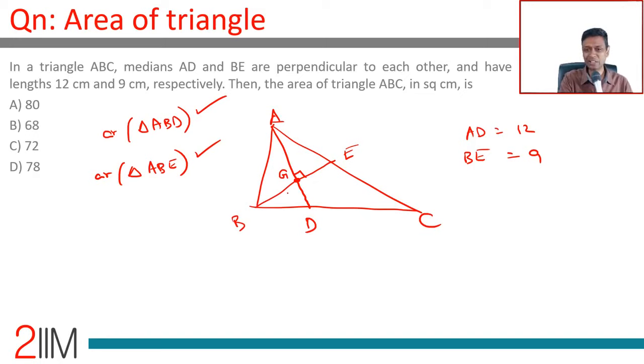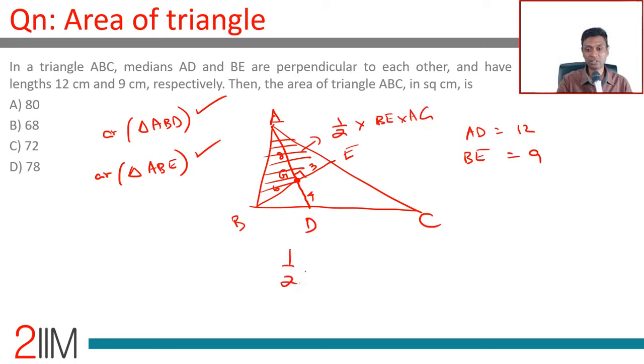How so? Centroid divides the median in the ratio 2:1. That means this AD is 12, AG is 8, GD is 4. BE is 9, this is 6, this is 3. Now what have we got here? We can find the area of triangle ABE. How do we do that? That is just half into BE into AG.